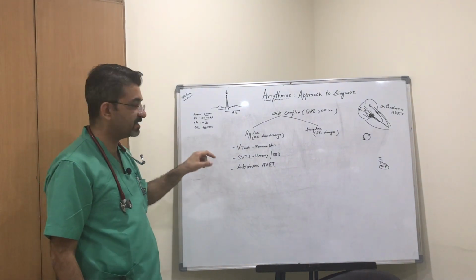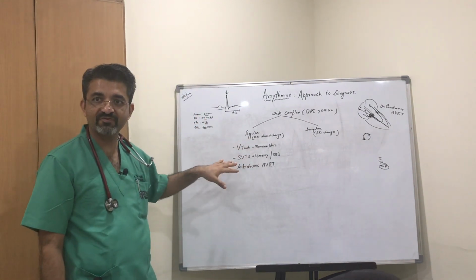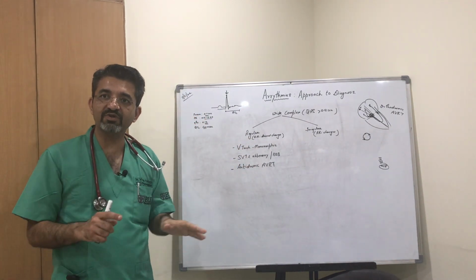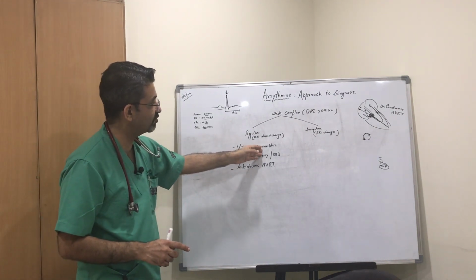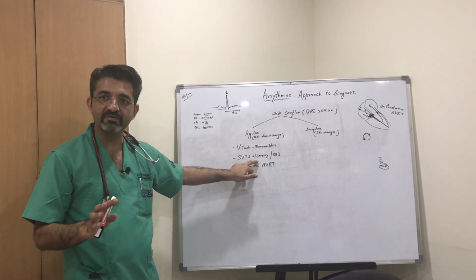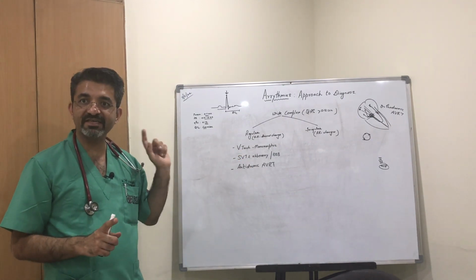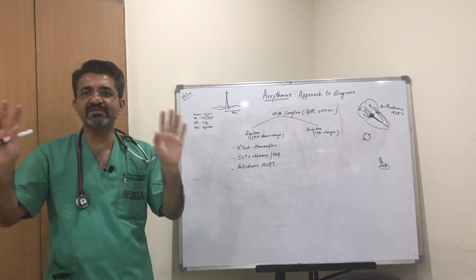Don't go into the details. If you are unable to understand or remember, I'll tell you the finer points, but if you are unable to remember the difference between ventricular tachycardia, which is monomorphic, versus SVT with aberrancy, no problem. But you should be able to identify in your ECG whether your QRS is wide. This is simple.